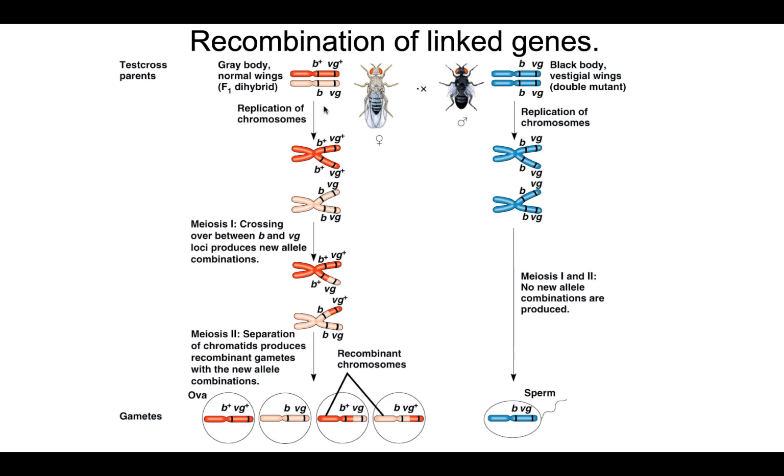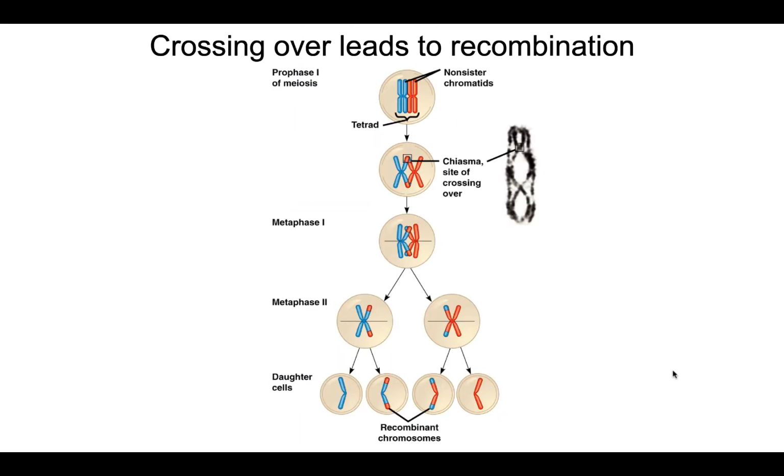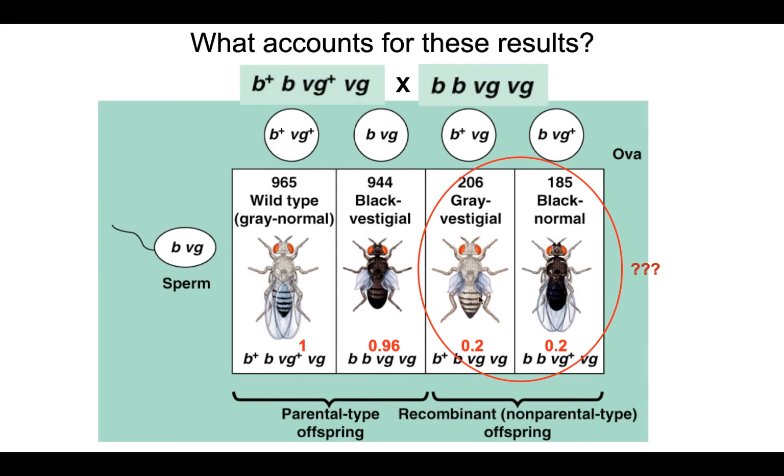So this is after DNA replication occurs during prophase 1 of meiosis. We get crossing over, we get recombination, and now look at this. We get a new chromosome being formed as a result of this crossing over, a VG B plus chromosome and a B VG plus chromosome. So now when this sperm fertilizes this egg, or this sperm fertilizes this egg, we're going to get the recombinant offspring coming out.